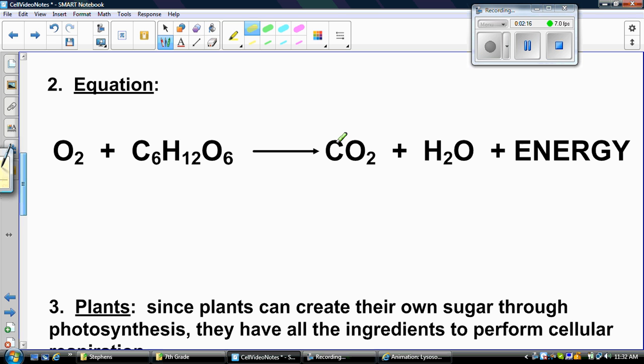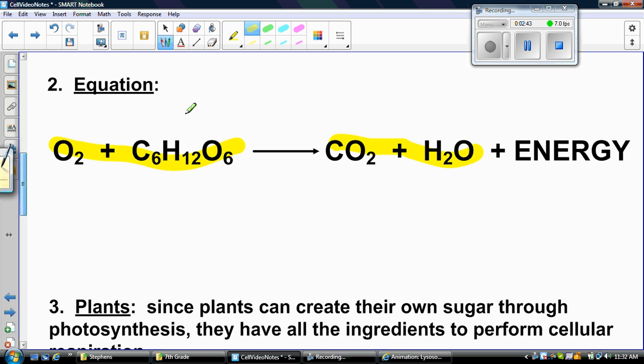Remember, plants take in CO2 and water, and then they need to use the sun's energy. Those are now the products of cellular respiration. And the reactants of cellular respiration are the products of photosynthesis, because remember, in photosynthesis the plants create sugar and oxygen, so they are the reverse, and it makes sense.